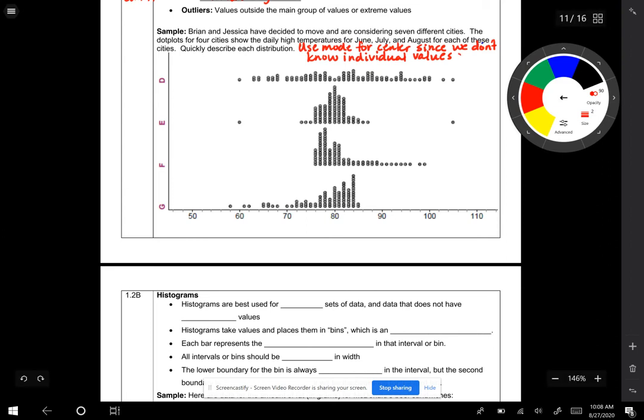And we'll use the range for spread then. We'll use range. When we can, we'll use something else.